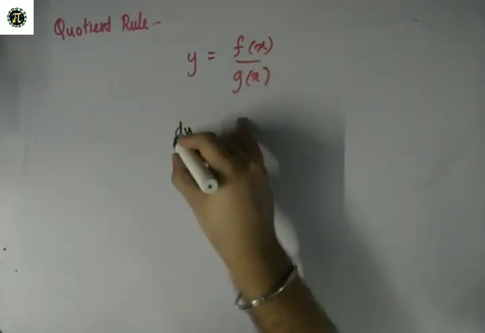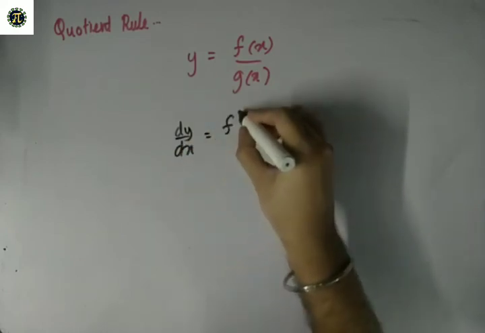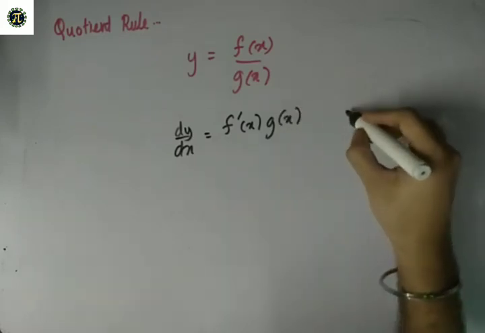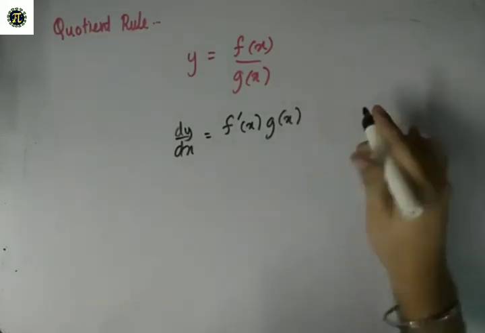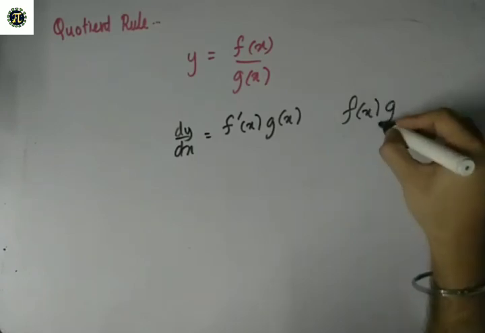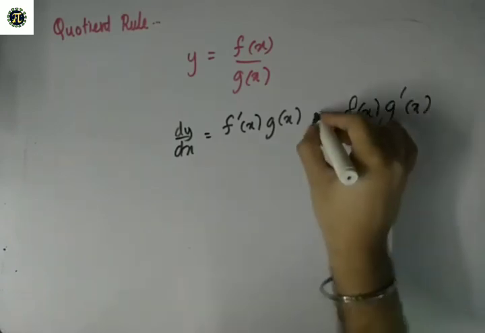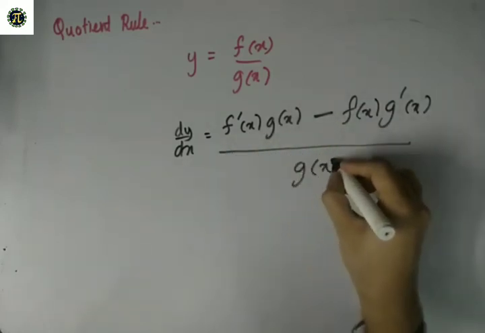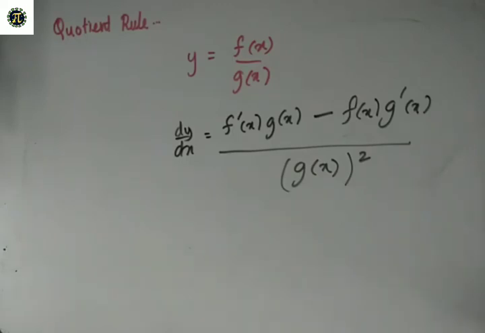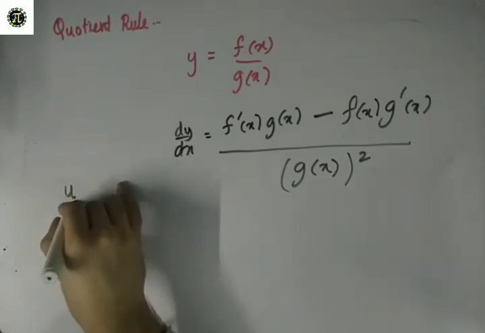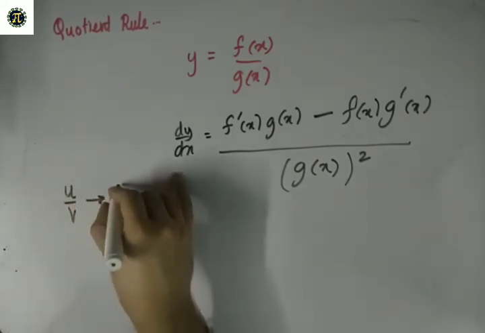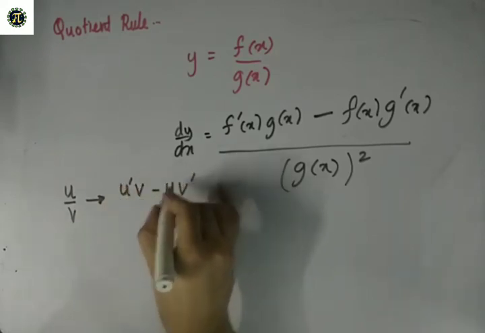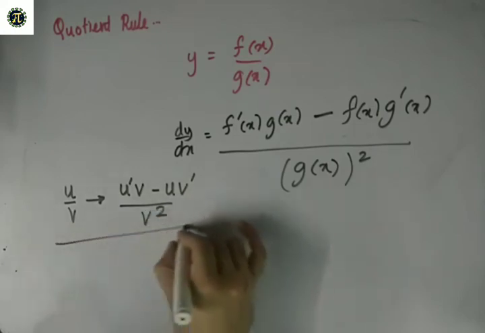So dy by dx we want to write as first come first serve. Differentiation of first function, gx remains same, then first function remains same, and second function's differentiation, but instead of a positive sign there's a negative sign in between, and divided by the denominator squared. Sometimes it is written as u by v. Differentiation, if you can create an arrow, is u dash v minus uv dash by v square, short form.